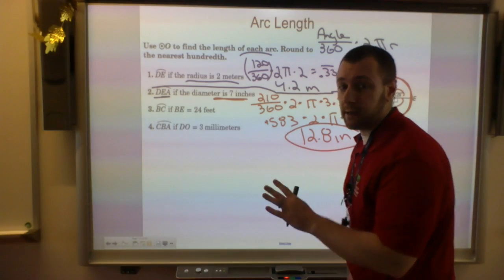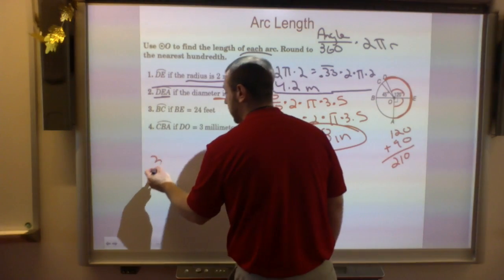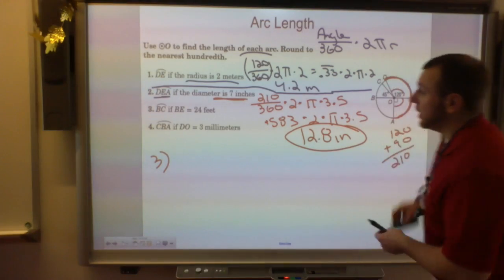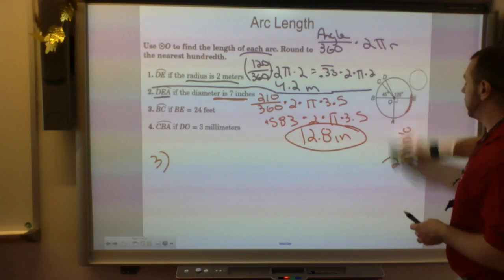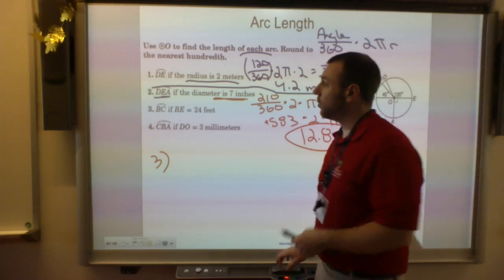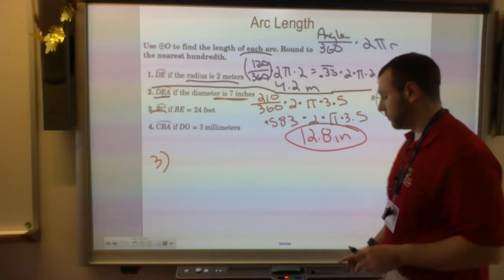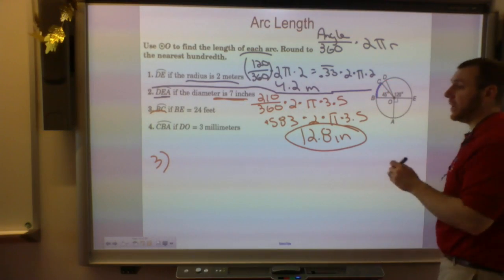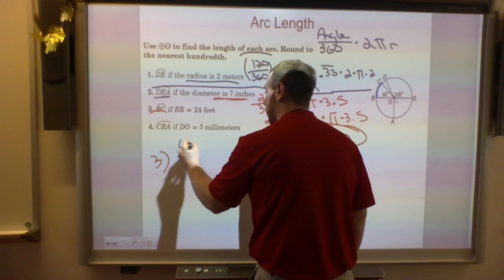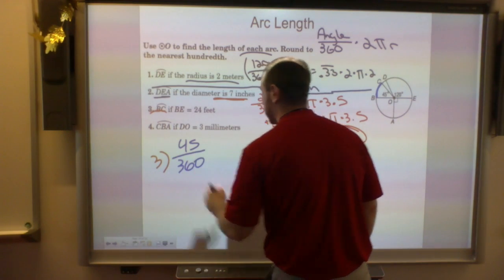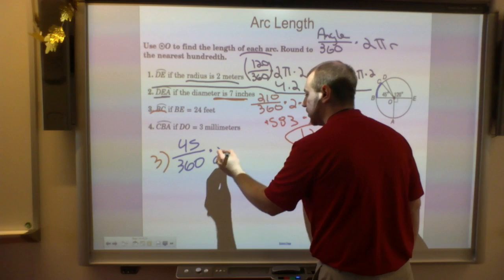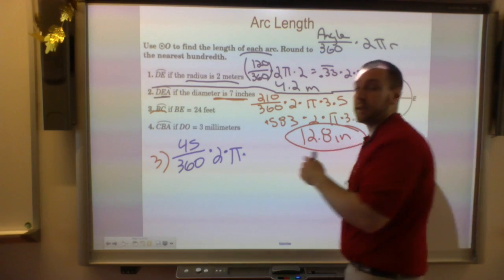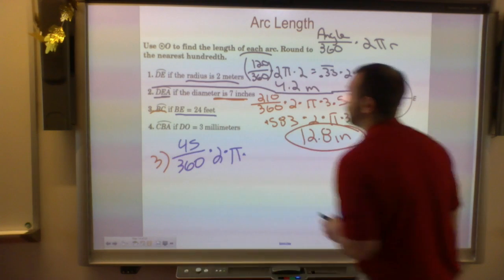Now, I'm going to do number 3 down here. In this case, it's asking me how long is BC. BC is this. So I know my angle. My angle is 45 over 360 times 2 times pi times my r. In this case, it tells me BE is 24 feet.